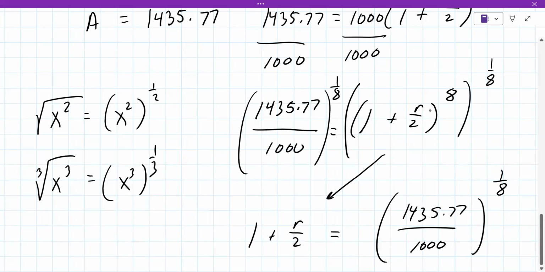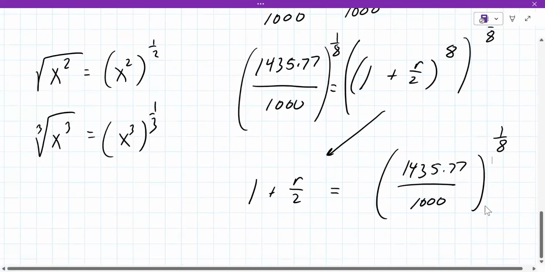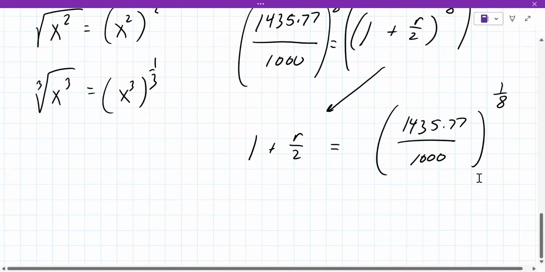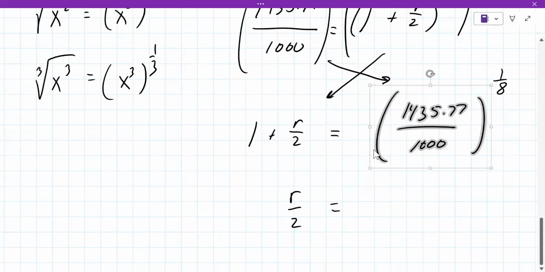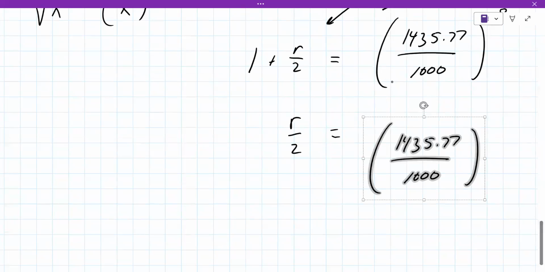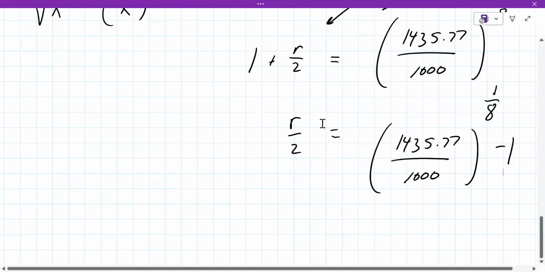If you want to do the intermediate calculations, go out more decimal places than you think you need. So we're still trying to solve for r. Subtract 1 from both sides, and then you multiply both sides by 2.